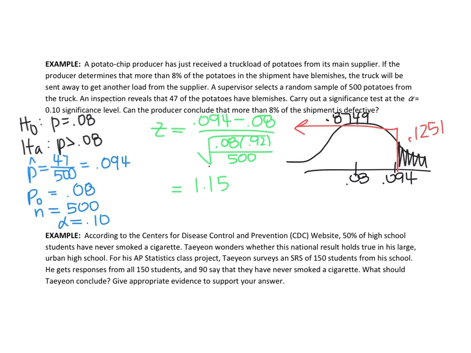And since our probability is greater than alpha, we fail to reject the null. So that means that I think it would be easier if I typed it out.